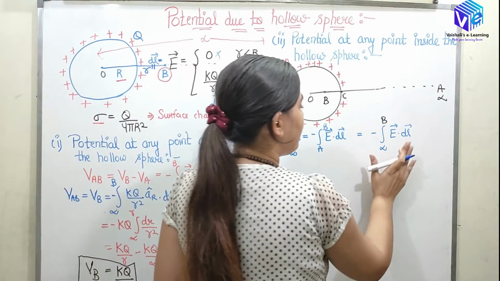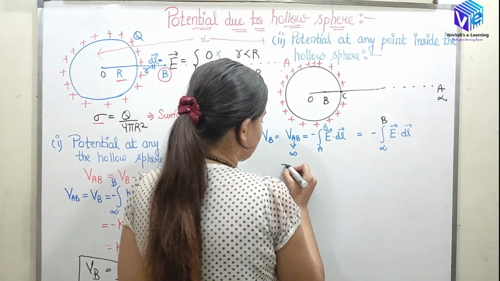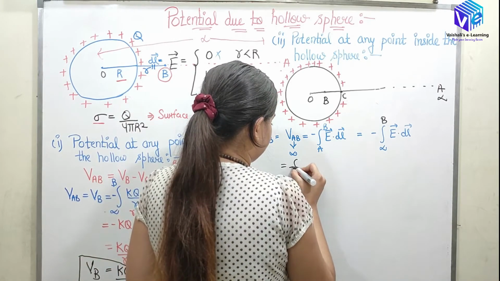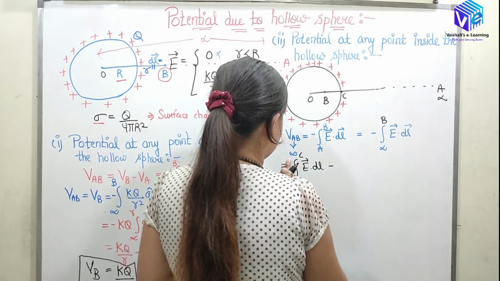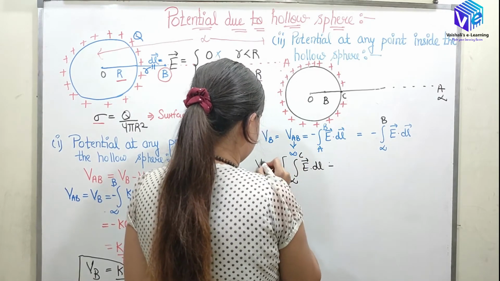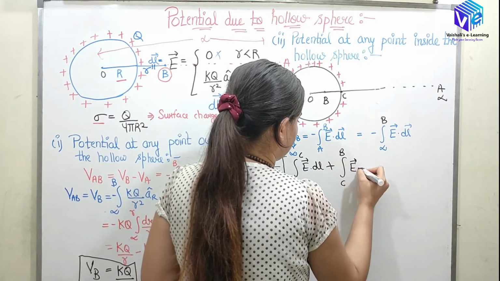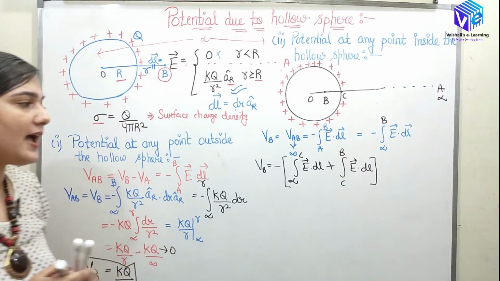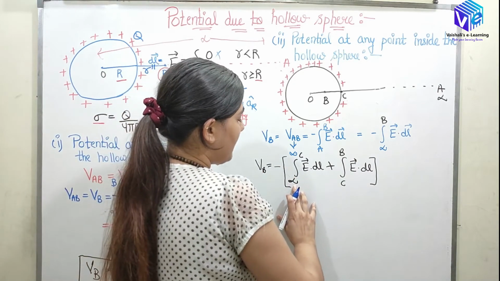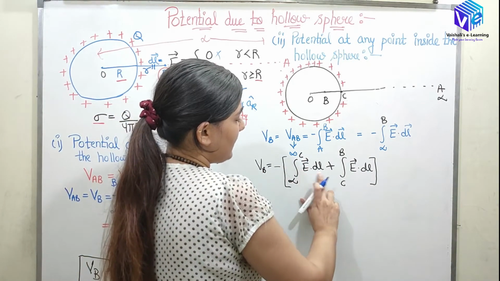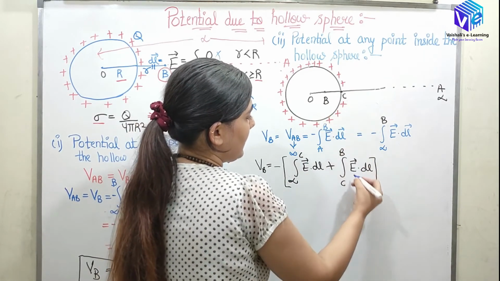So now I will be dividing this integration, and I can write it as the integration from infinity to C of E dot dl, plus the integration from C to B of E dot dl.